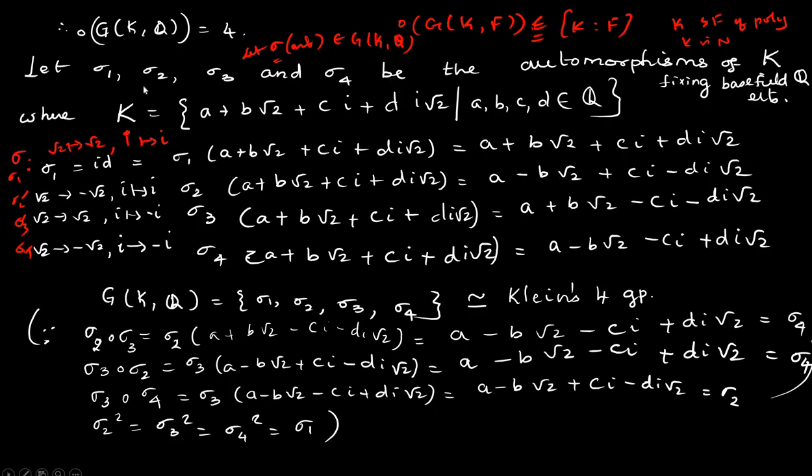See, you have the degree to be 4. What is the degree? The degree of K over Q is 4. So the basis will have how many elements? 4 elements. So you have 1, root 2, i, i into root 2. These are the basis elements, and according to that only we are writing this. We are not writing what this K is as such, because the degree of K over Q is 4, as in the previous slide.